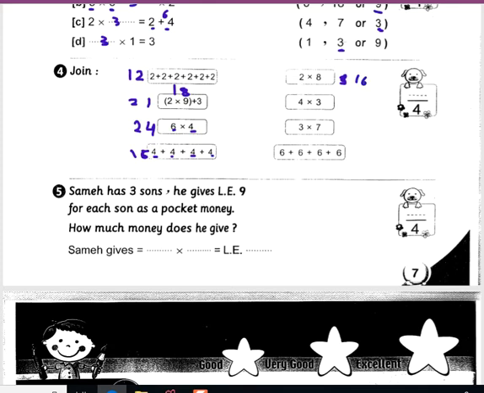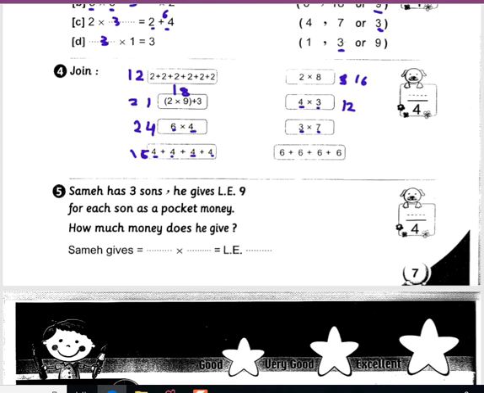Here we have 4 times 3. 4 times 3, here 4 repeated 3 times. We will say 4 plus 4 plus 4 equals 12. 3 times 7, meaning here 7 repeated 3 times.